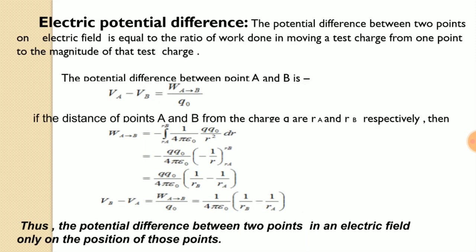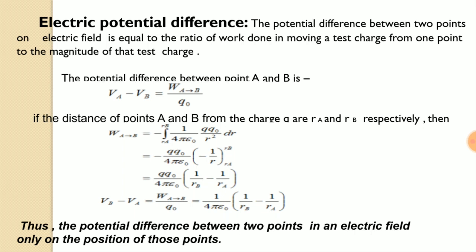Now, potential difference, or electric potential difference. The electric potential difference between two points in an electric field is equal to the ratio of work done in moving a test charge from one point to the other to the magnitude of that test charge. So the potential difference between points A and B is VA minus VB equals work done WA to B divided by Q naught.